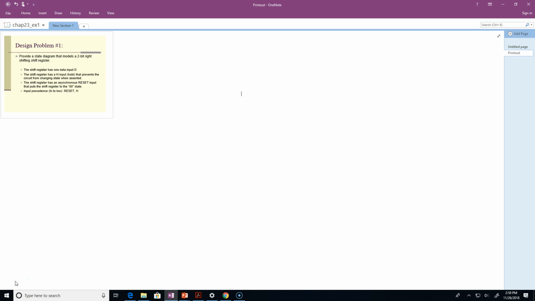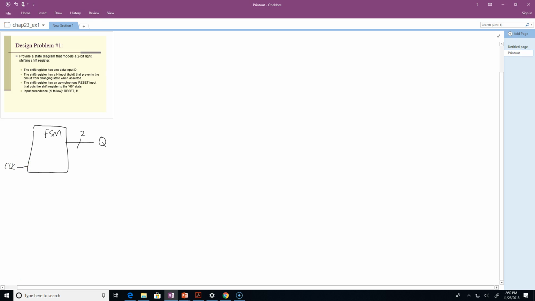If you read this problem, first I'm going to start off with a black box diagram, of course, just to get a hold on these inputs. So we'll make this FSM. It's a 2-bit, and so the output's going to be 2. I'm going to call it Q, and the inputs here has a clock.